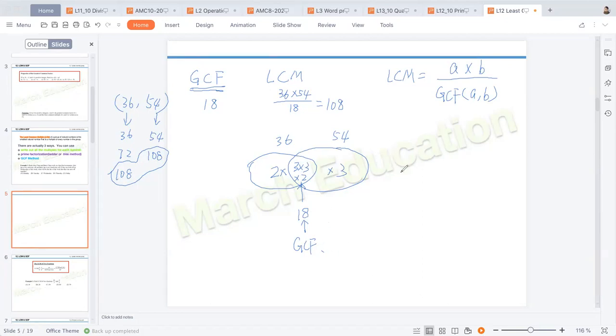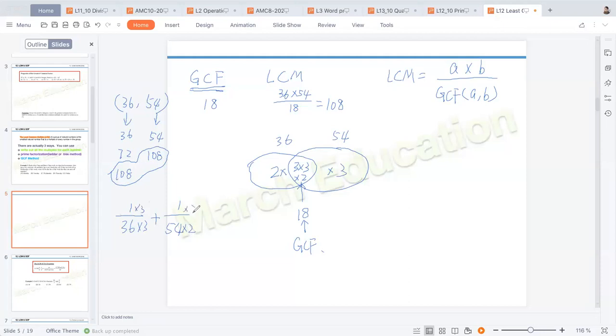What is the least common multiple? Least common multiple means I must find a common part. So if I add these two numbers together, I must times 3 and times 2, right?